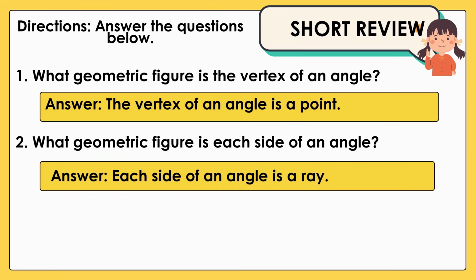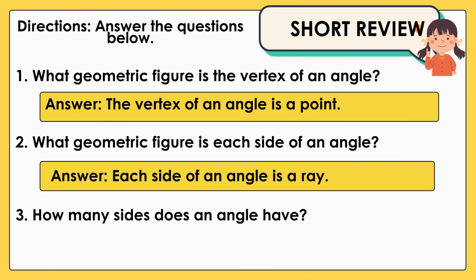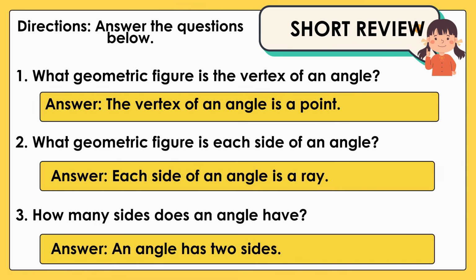The answer: each side of an angle is a ray. Number 3. How many sides does an angle have? The answer: an angle has 2 sides.